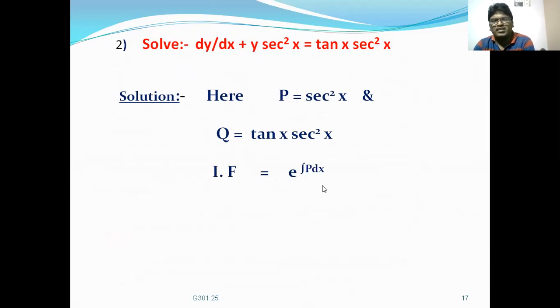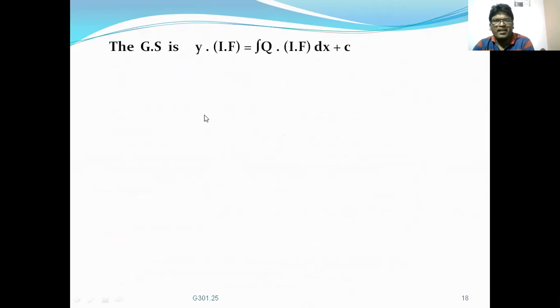The formula for the integration factor is e power integration of p dx. Substituting the p value, this becomes e power integration of sec square x dx. You already know the formula, integration of sec square is tan x. So e power tan x is the required integration factor.